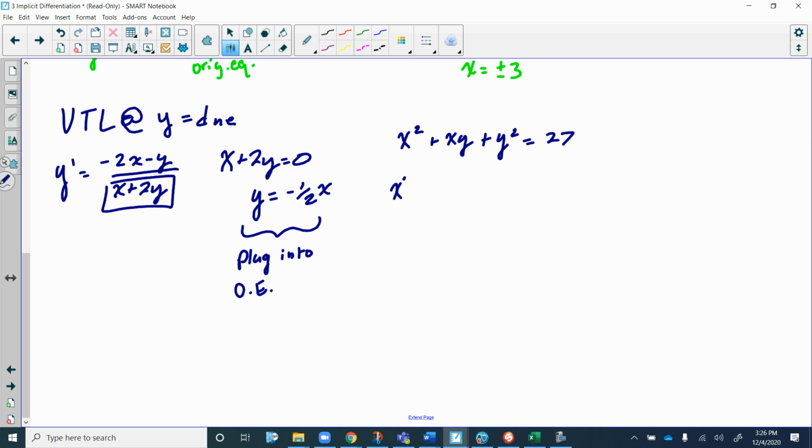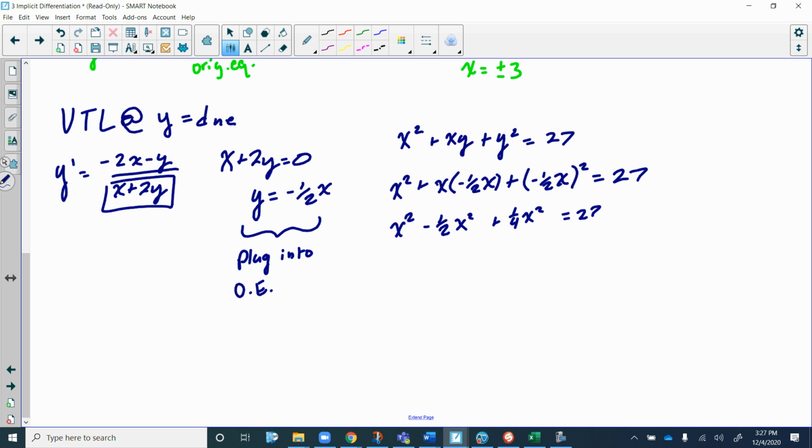Here I'm going to have x squared plus x times negative 1/2 x plus negative 1/2 x quantity squared is equal to 27. So this here, x squared minus 1/2 x squared, and this will work out to be a positive 1/4 x squared to be equal to 27.